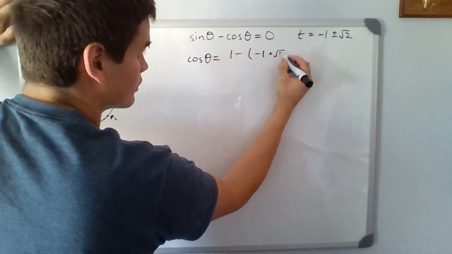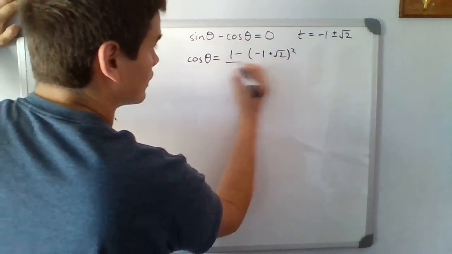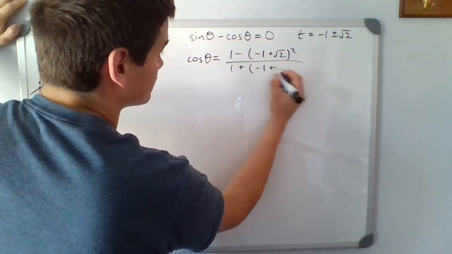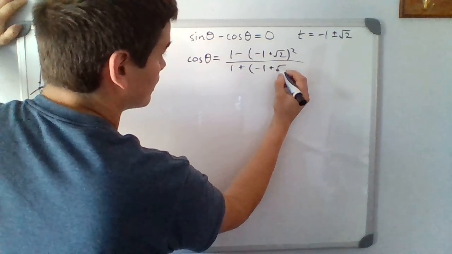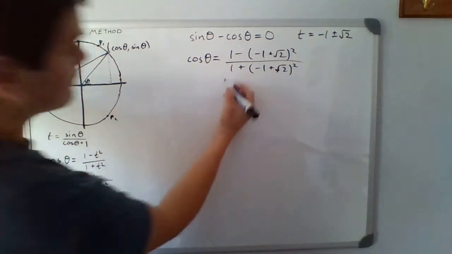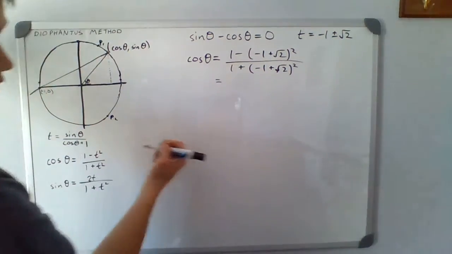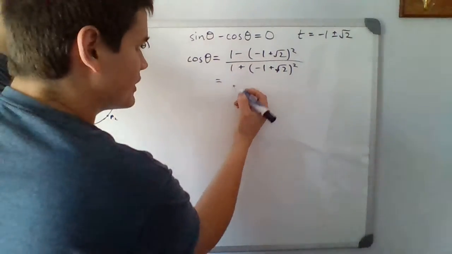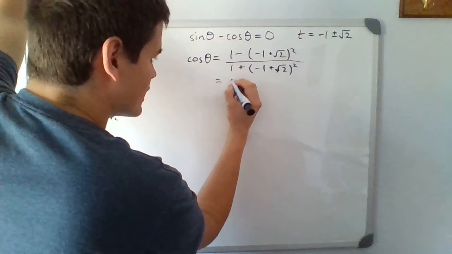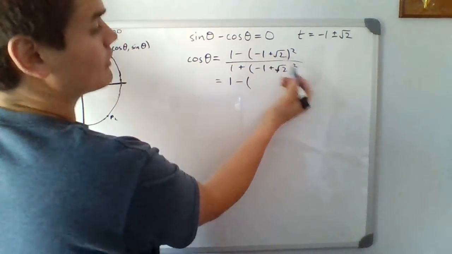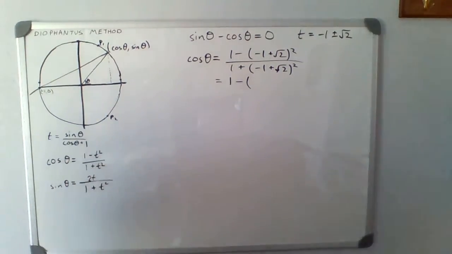Negative 1 plus the square root of 2, squared, divided by 1 plus negative 1 plus the square root of 2, squared. Okay. I don't know if I have enough room to do this, but we'll just give it a try. So 1 minus, alright, this gets kind of complicated algebraically.